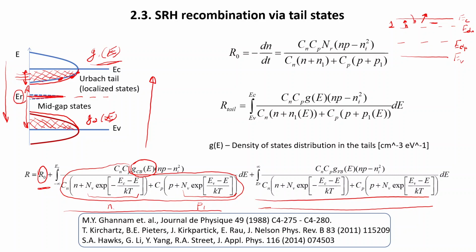Because if we have a trapped electron at this energy level, the probability of detrapping the electron will be higher than the probability of trapping a hole from the valence band, because this energy level is located very far from the valence band. So the probability will be higher for detrapping than trapping. This energy level will not contribute much towards the reduction of charge carriers via trap-assisted recombination.